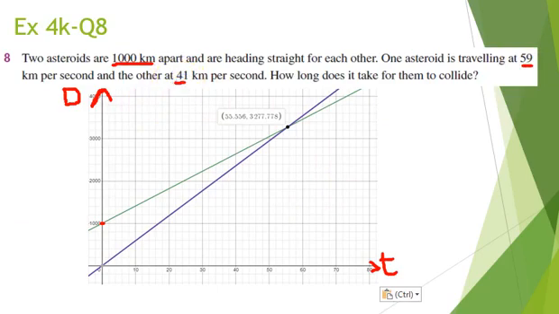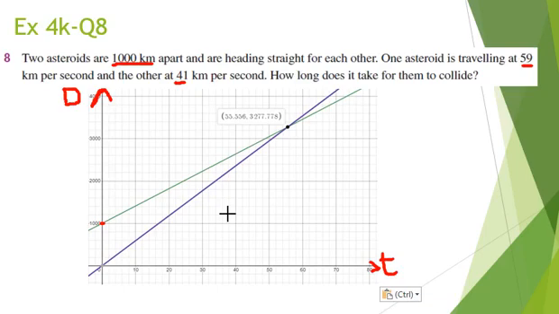If we use these as gradients, we can imagine that with two lines with different gradients, they will meet if the steeper one starts from down here. The other one with the lower gradient starts from this point, and eventually if you sketch those two lines, they will meet somewhere here. So that's the direction. Now we have a clear idea of how we're going to sketch the two lines.